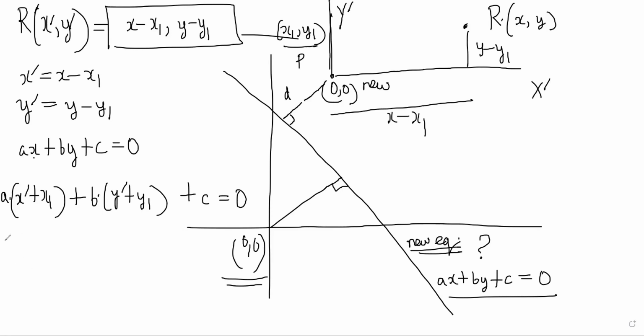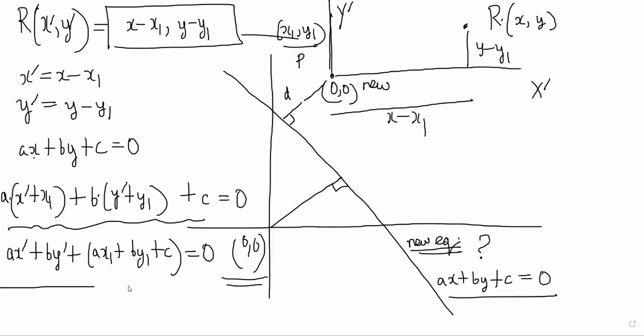So this equation will be in the terms of x dash y dash, which is my new coordinate system, right? So it will be ax dash plus by dash plus ax1 plus by1 plus c is equal to 0, right? This is my new line in new xy axis, right?